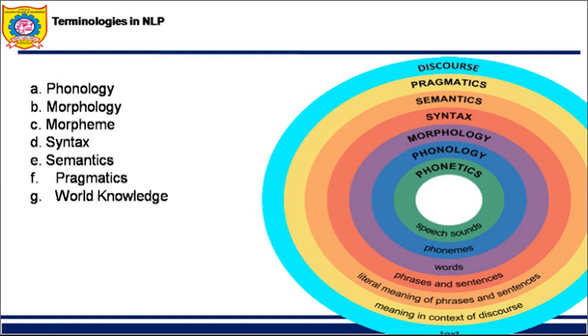First of all, phonology is written here, but before that you should know the word phonetics. What do you mean by phonetics? It is the branch of linguistics. Linguistics is nothing but the study of languages. So it is the branch of linguistics that studies how humans make and perceive sound.